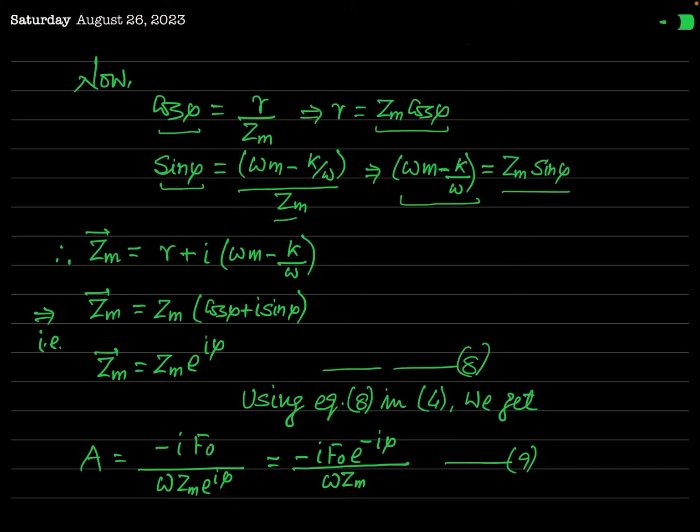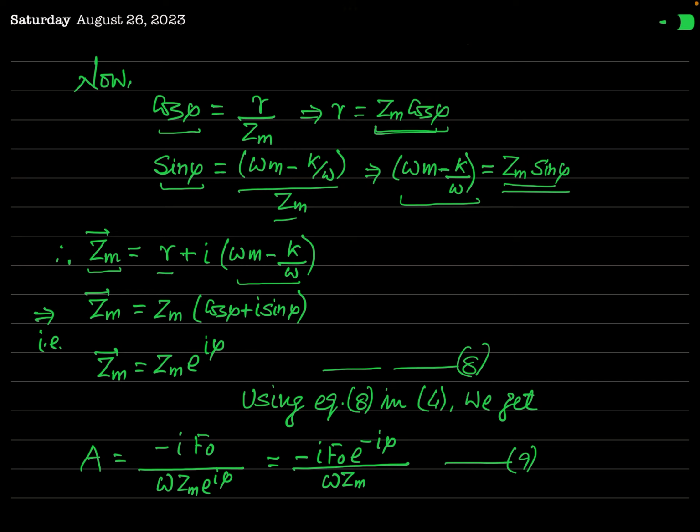Okay. Now we will substitute these values in the expression for Zm. You know Zm is equal to what? This is R plus i omega m minus k by omega. But you have seen that this R is equal to mod Zm cos phi, and this omega m minus k by omega is mod Zm sin phi.